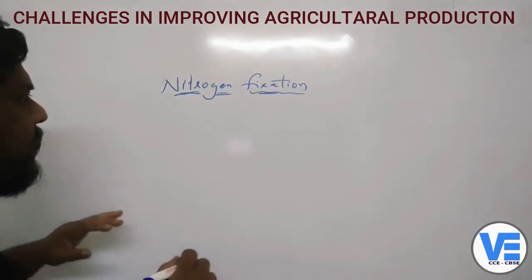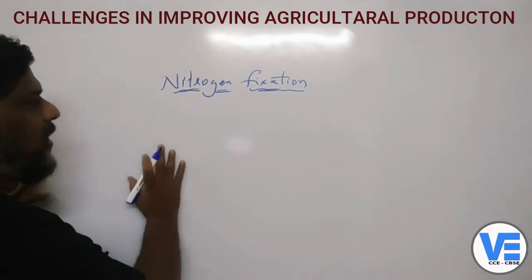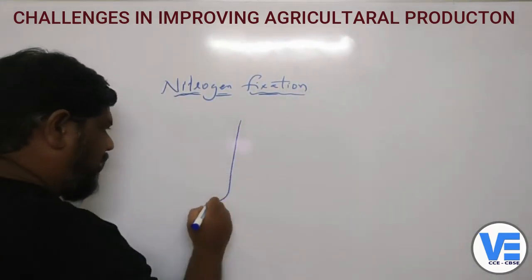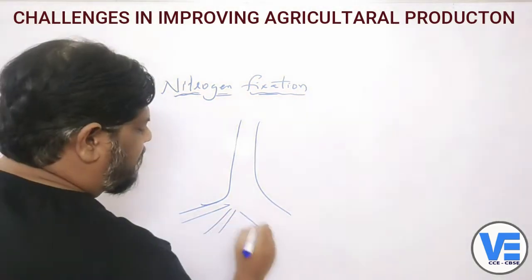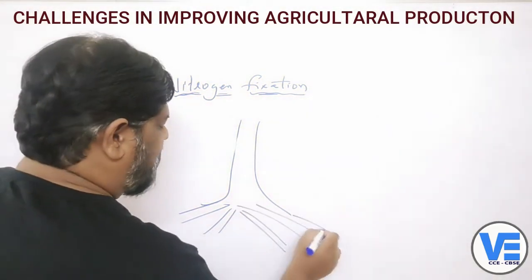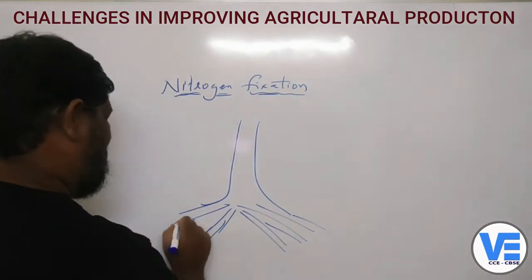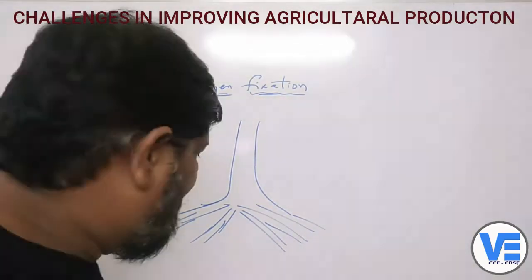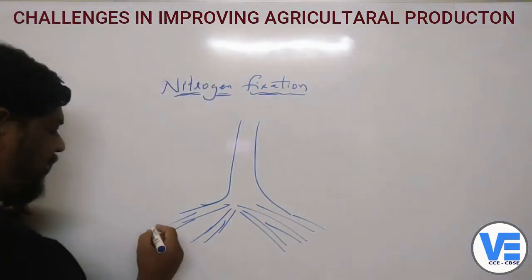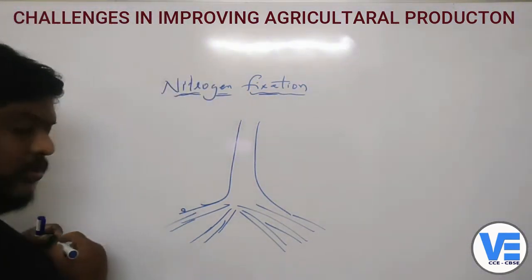Now, when you talk about nitrogen fixation, these are the roots of the leguminous plants. On the roots, what you can see here are the root nodules.